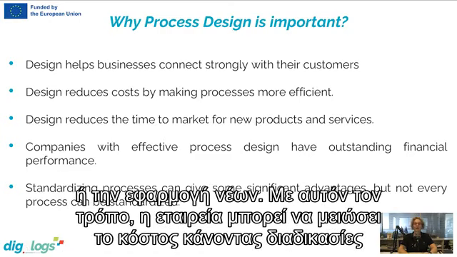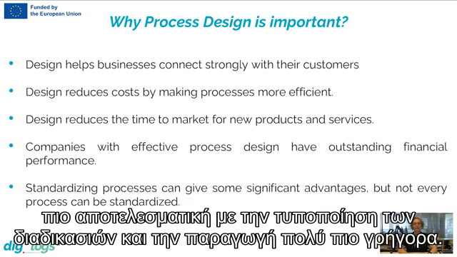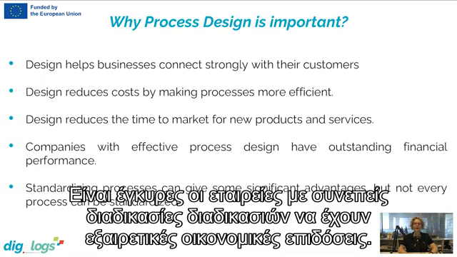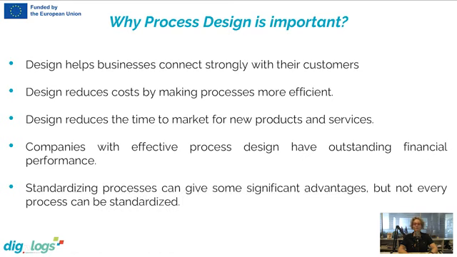In this way, the company can reduce costs by making processes more efficient, standardizing processes and making production much quicker. Another benefit is consistency, which can be achieved when designing strong processes. It is valid that companies with consistent process procedures have outstanding financial performance.